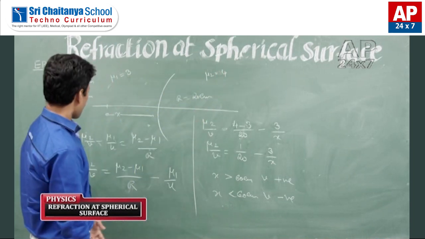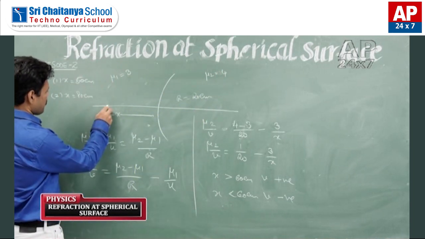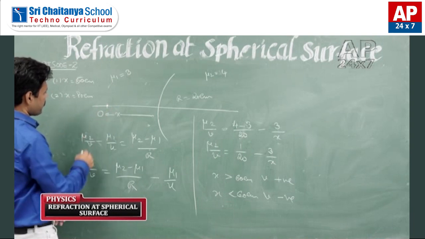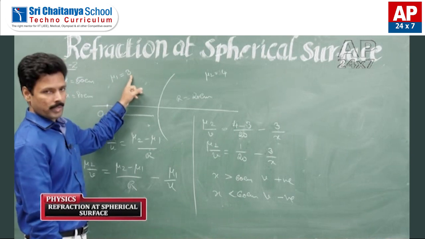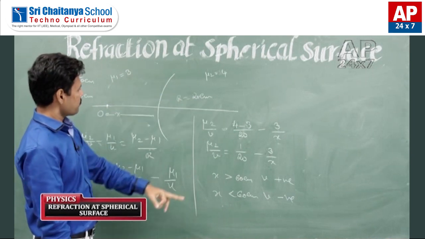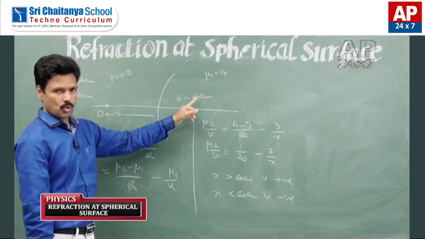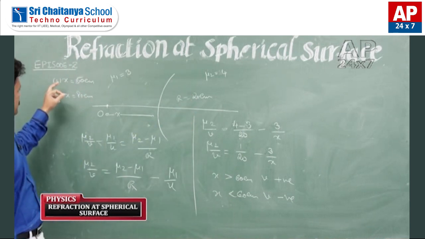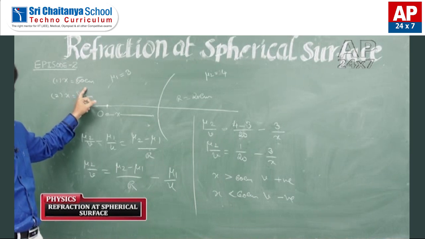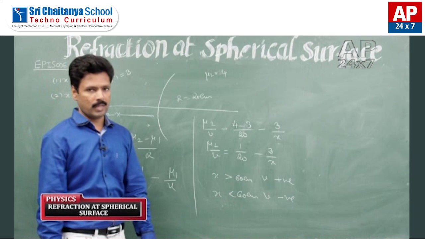That means object is somewhere in the middle, this is now object. Radius of curvature is 20, right? Now question is, if x equal to 50, what is nature of the image? If x equal to 90, what is nature of the image?